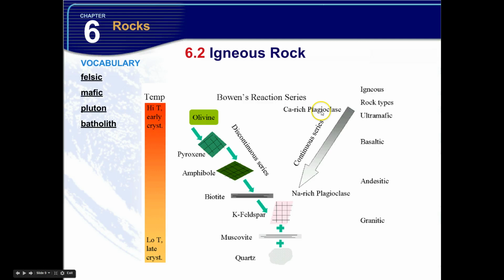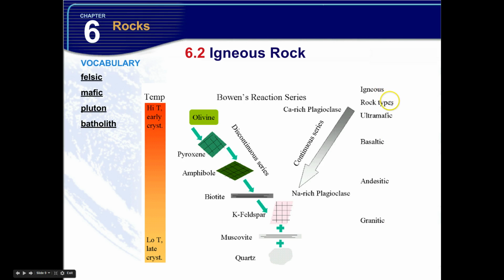We also have some plagioclase feldspars that start to crystallize as well. So you can see here there's a series of crystallizations, and they give you a couple examples. Quartz is actually one of the last minerals to crystallize in this series based on its temperature. So low temperature, late crystal.